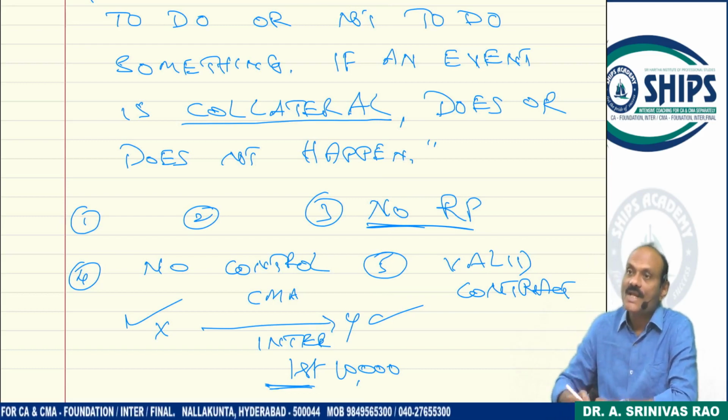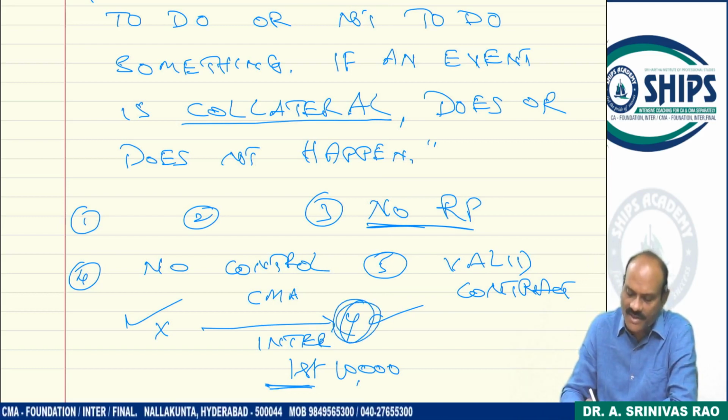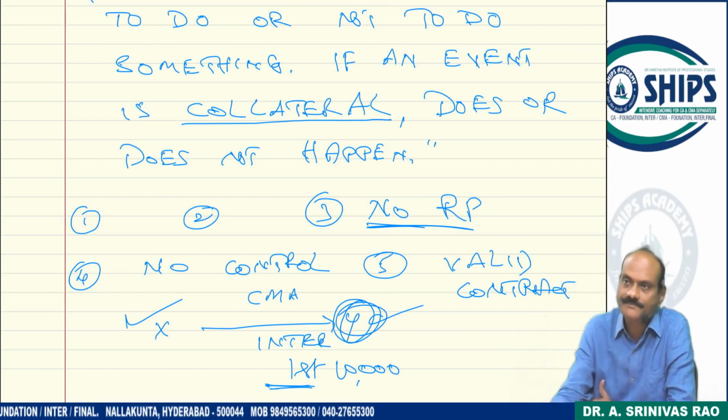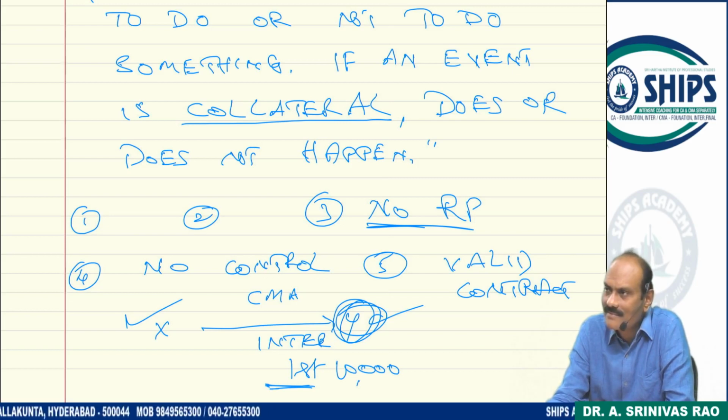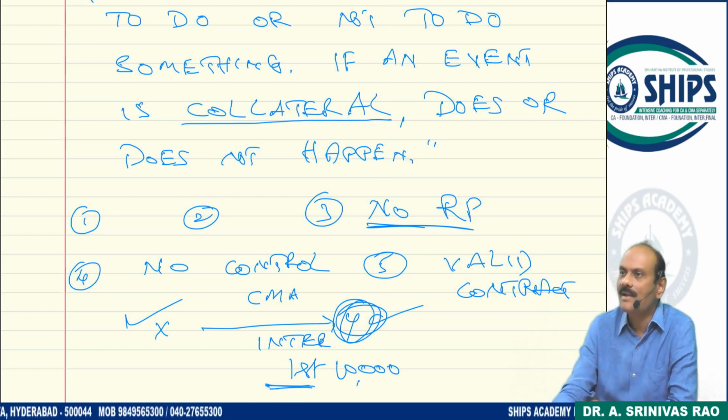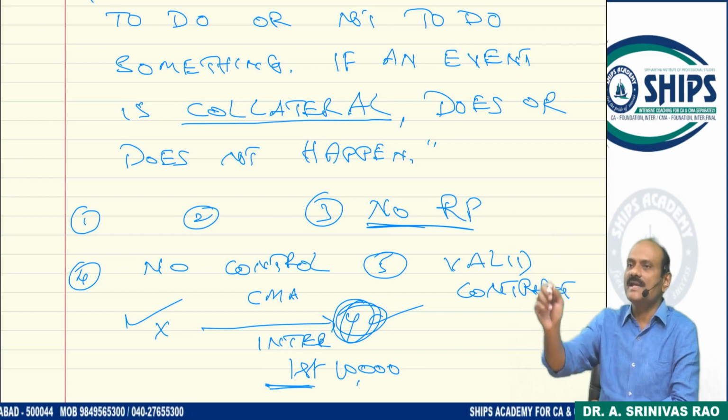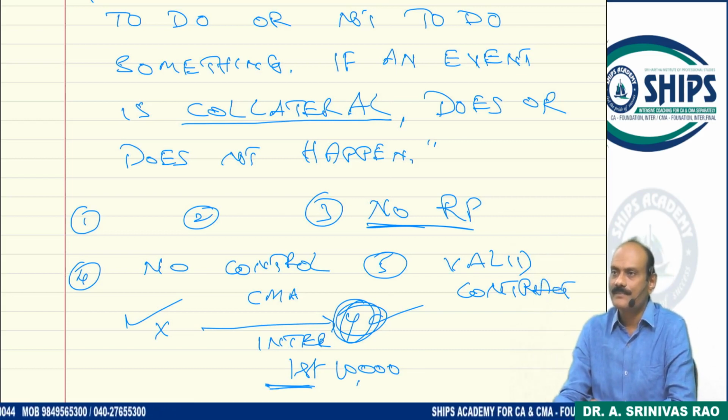Example, if you pass the examination, I will pay. If not, you need not pay anything. For example, if it rains today evening 6 p.m., I will give 1 lakh. Otherwise, you give 1 lakh.